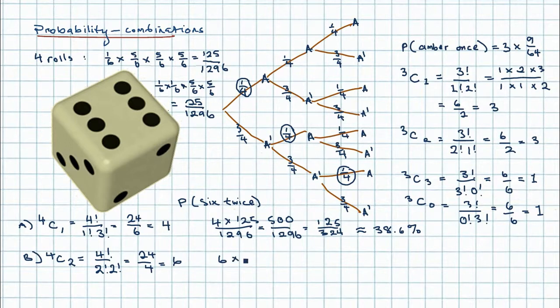All we need to do is multiply the 6 combinations by the 25 divided by the 1296. So this time we get 6 times 25, which is 150, divided by 1296.